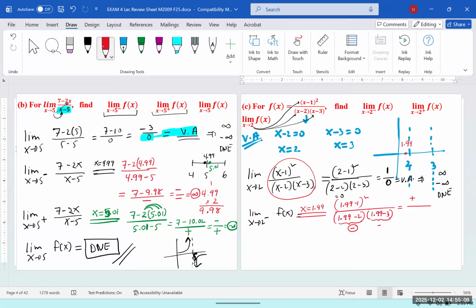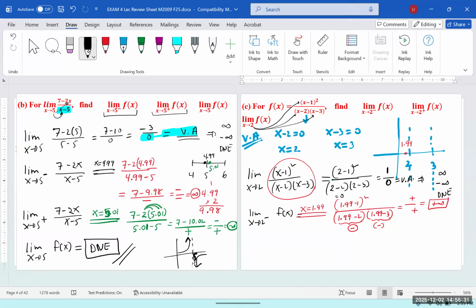And here 3 is bigger, so this is also negative. So you get negative times negative, that turns into positive. So the left side is going to positive infinity.